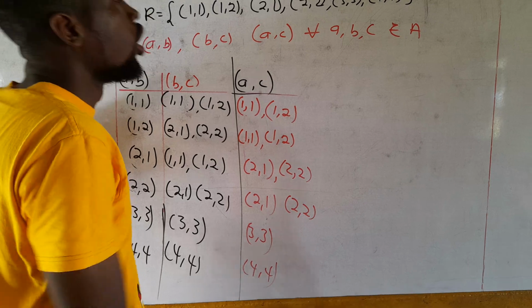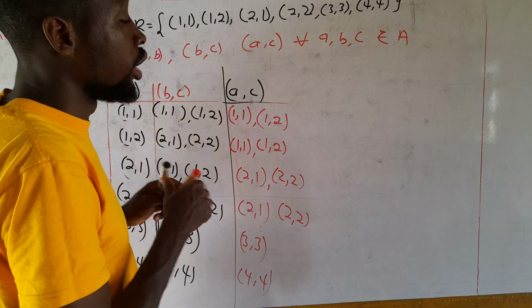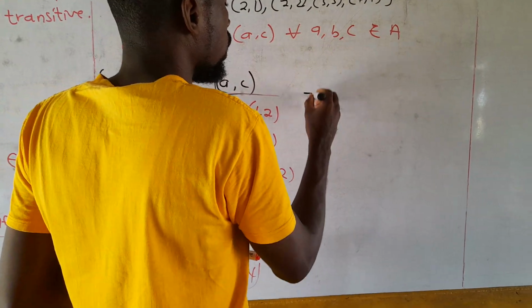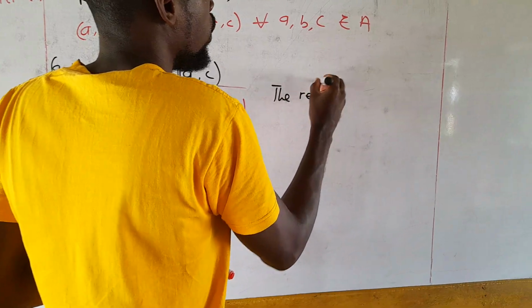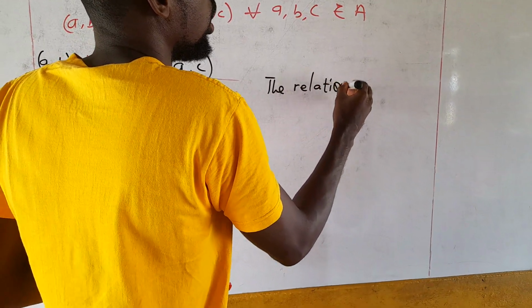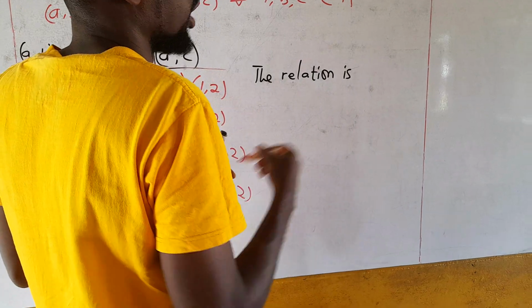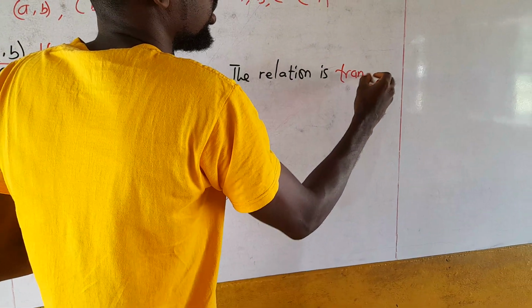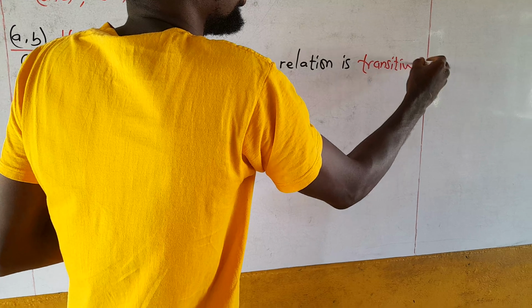When it happens like that, we say the relation is transitive. I hope you get that.